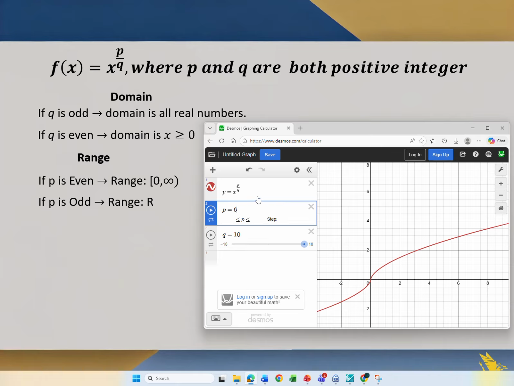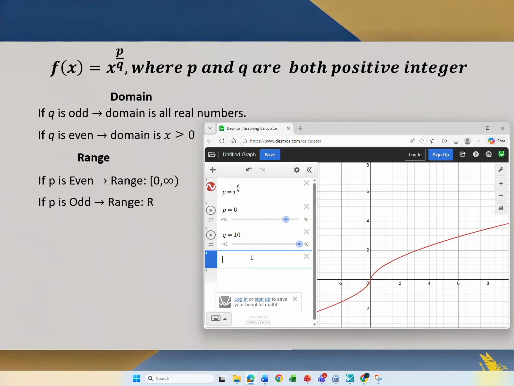My range is going to be from 0 to infinity. So I put p equals 6 here, but it's not showing my range as being 0 to infinity. And there's a reason why. I'm just going to lose this for a minute so I can write on the screen.